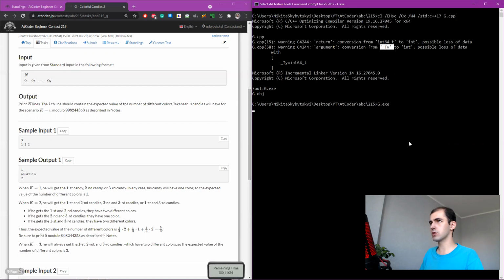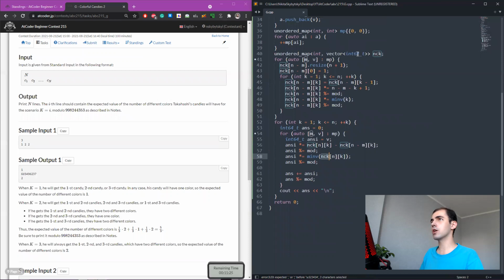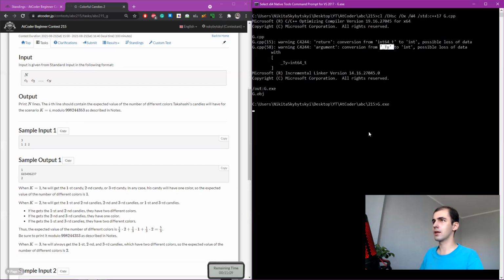Argument conversion from type I to long, oh, this is formally long, but it takes not long argument, but hey, this is always modded, so no problem here. And here I guess no, we need to fill till the end. Okay.